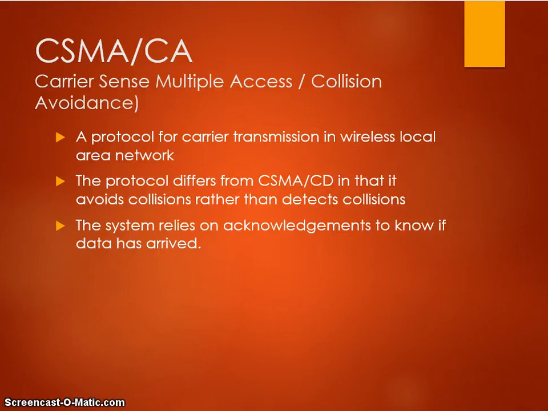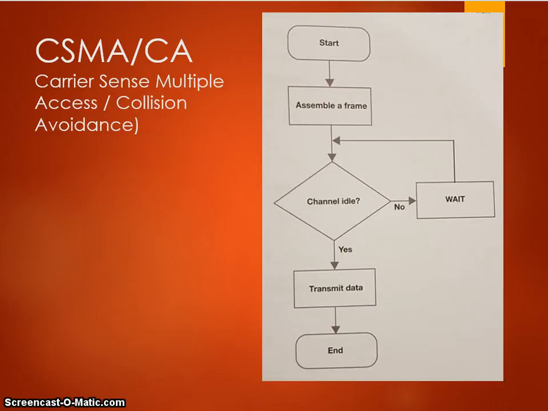If you remember from the bus network, it was about collision detection, because with a bus it was about seeing if a collision had taken place, sending the jamming signal and dealing with that collision afterwards. This is to avoid collisions completely, and it's a protocol for the carrier transmission in wireless local area networks. So it avoids collisions rather than detects, and it relies on acknowledgements to know if data has arrived safely.